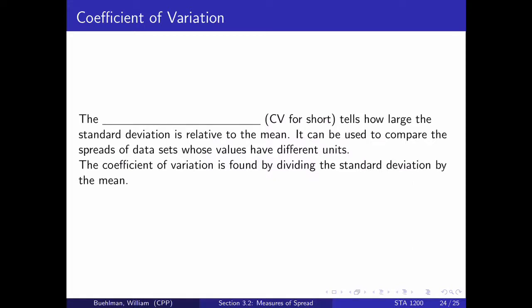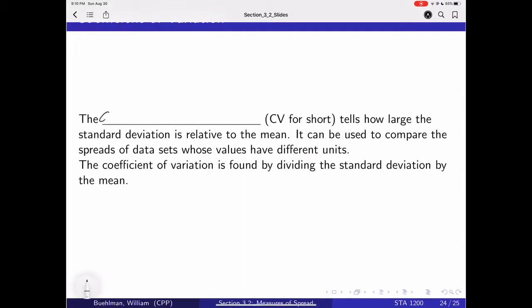The last thing we're going to cover on this section is something called the coefficient of variation, which we're going to call CV for short. It tells us how large the standard deviation is relative to the mean.